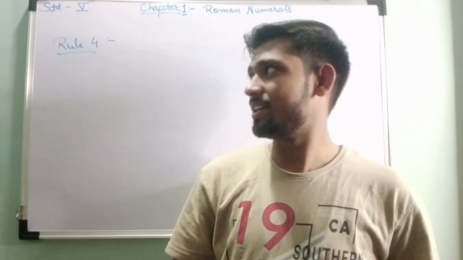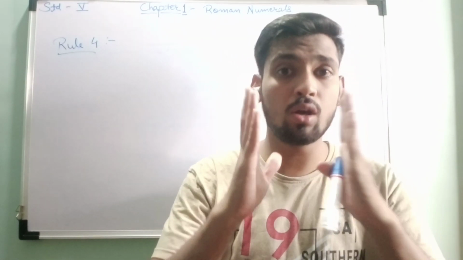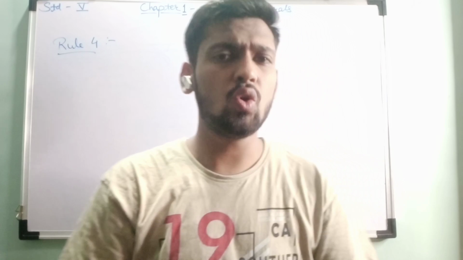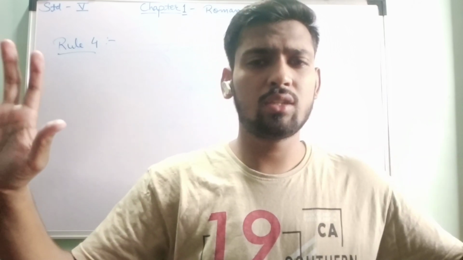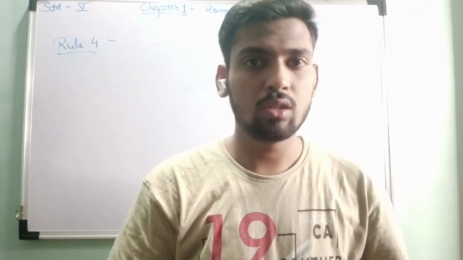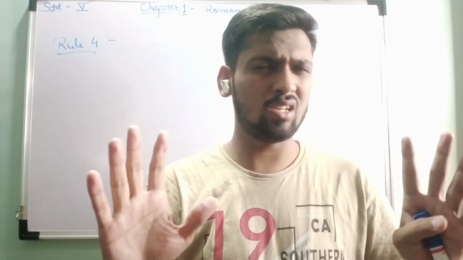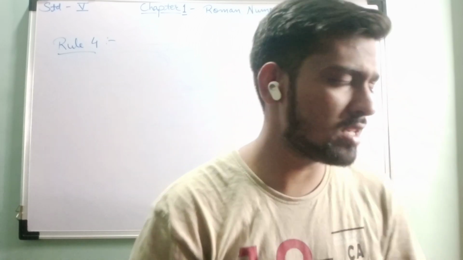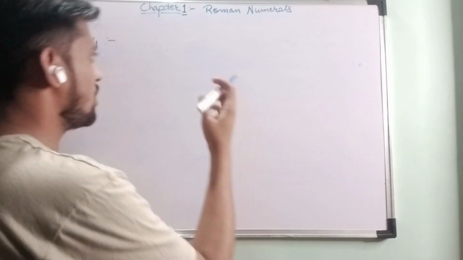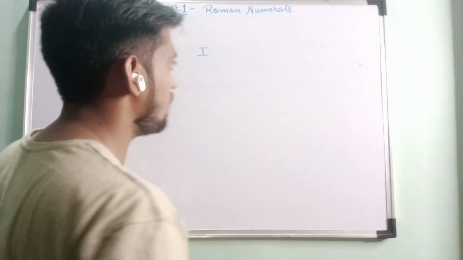Now it's time to learn rule number 4, the last rule of Roman numerals. In this rule, if you write a smaller number on the left side of the bigger number, then the value should be subtracted from the bigger number. You are not understanding these words? Just take an example. Suppose, what about this? This is 1.